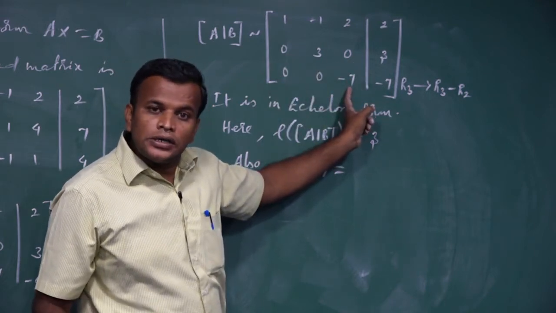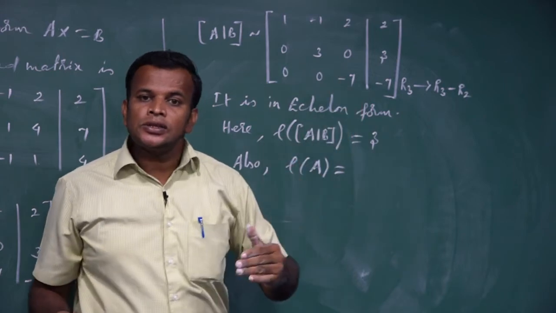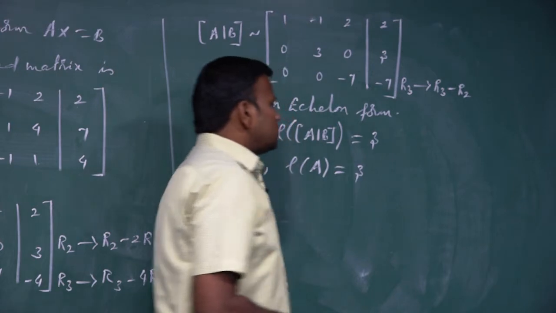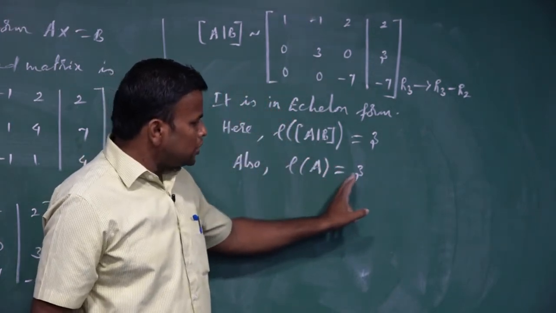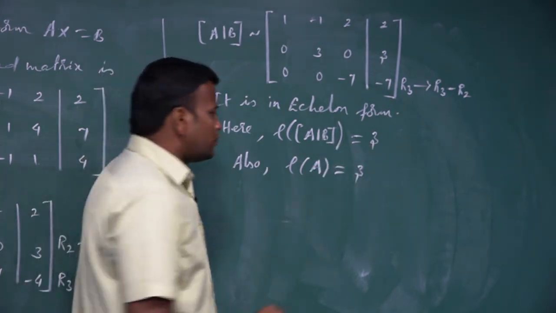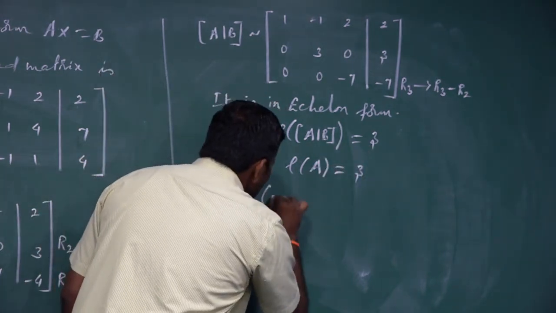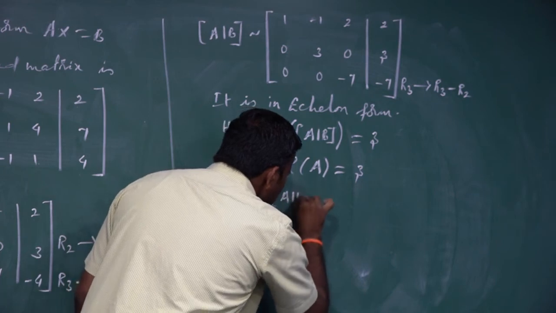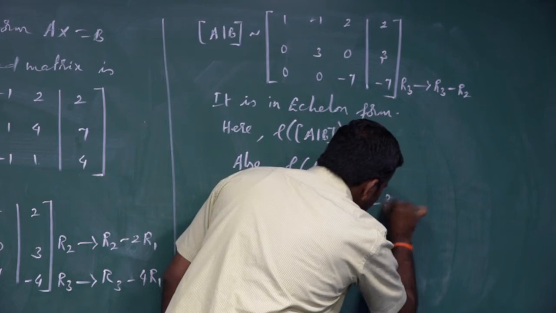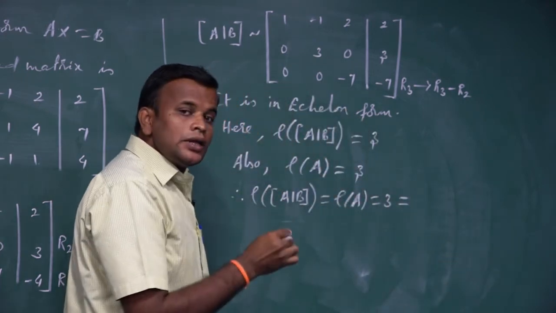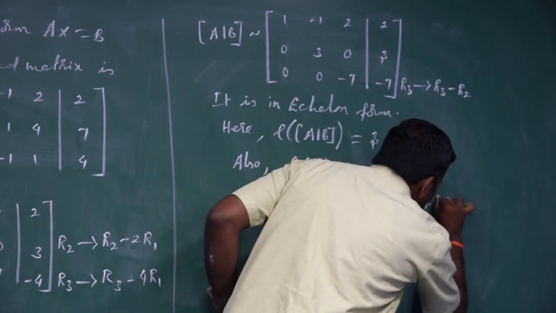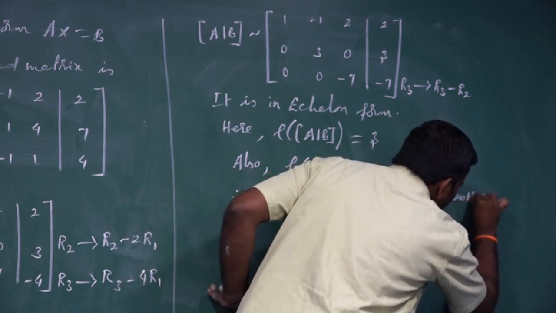If a row contains at least one non-zero element, we say it is non-zero. So this is also 3. Now we check: both ranks are equal, and also equal to the number of unknowns. Therefore, rank of A|B is equal to rank of A is equal to 3, where 3 is the number of unknowns.